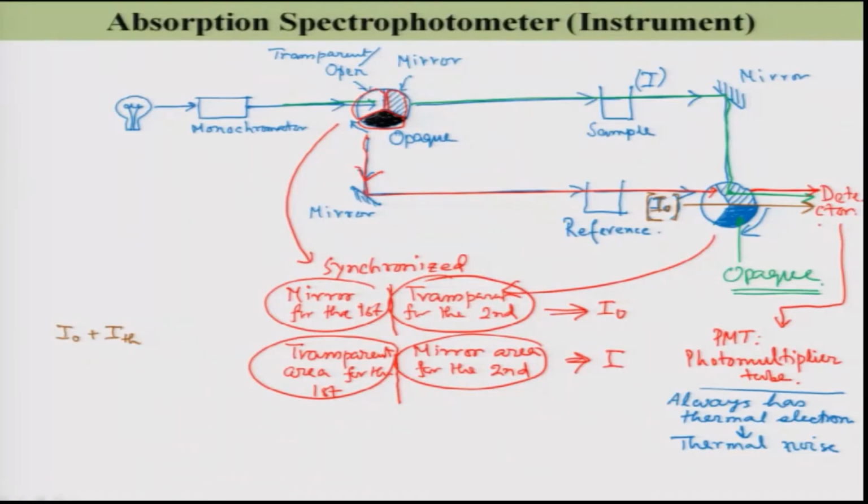So, this is my reference channel. In the sample channel, the intensity is I plus the thermal electron contribution, which will all be there. So, this is my sample channel.